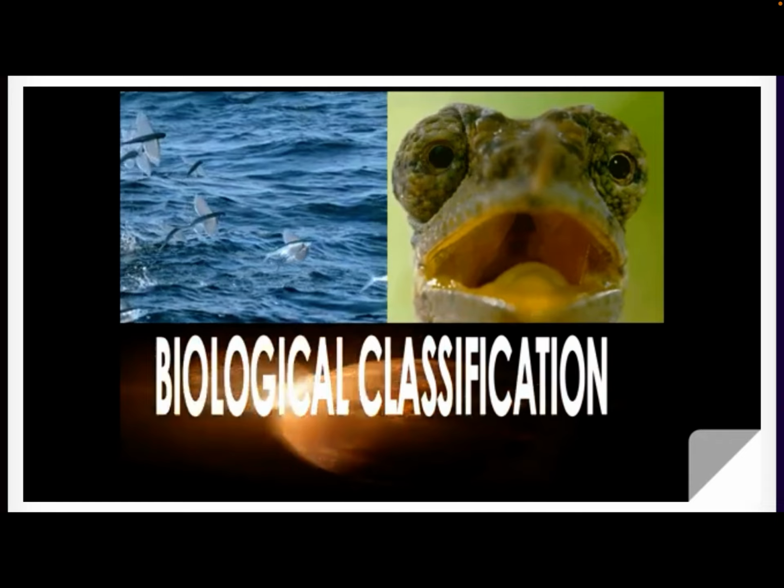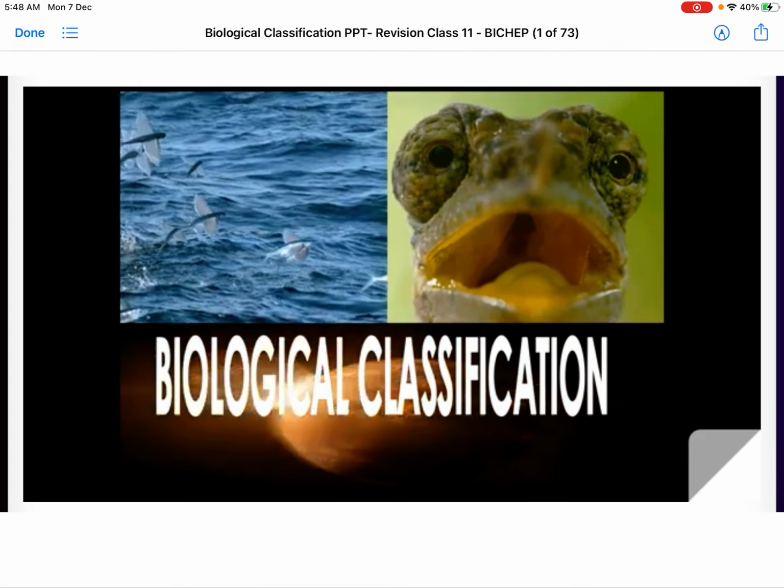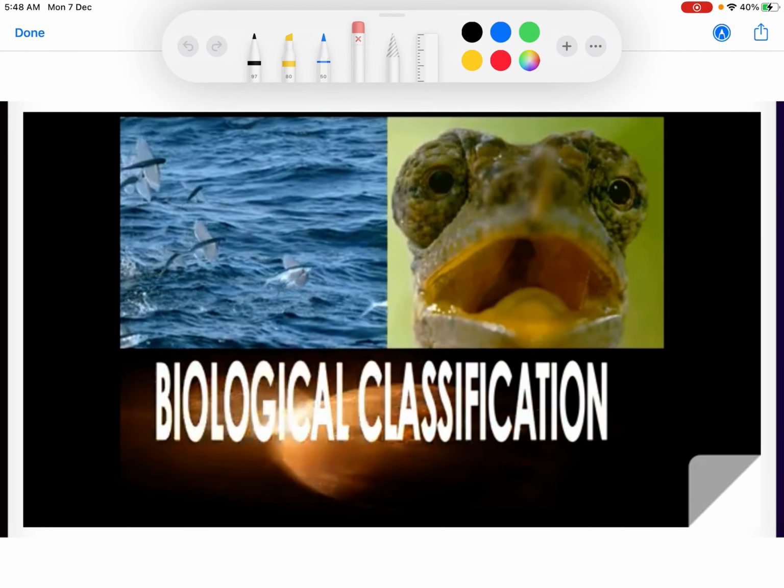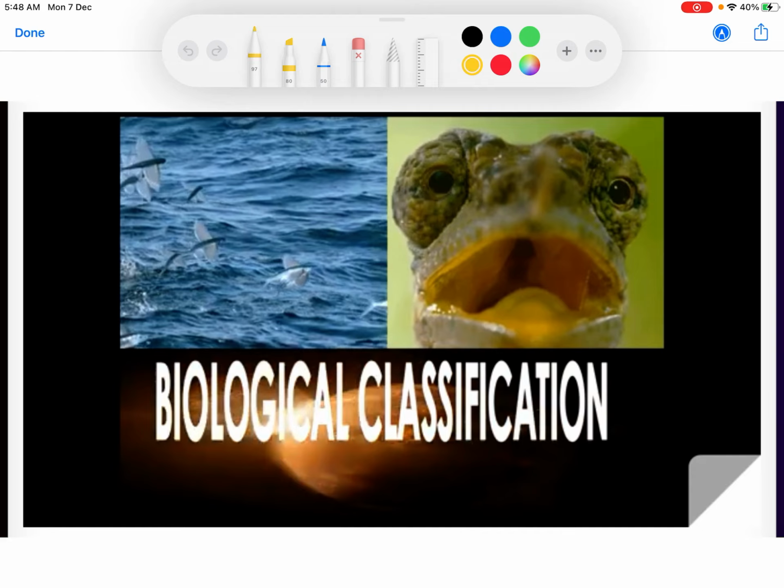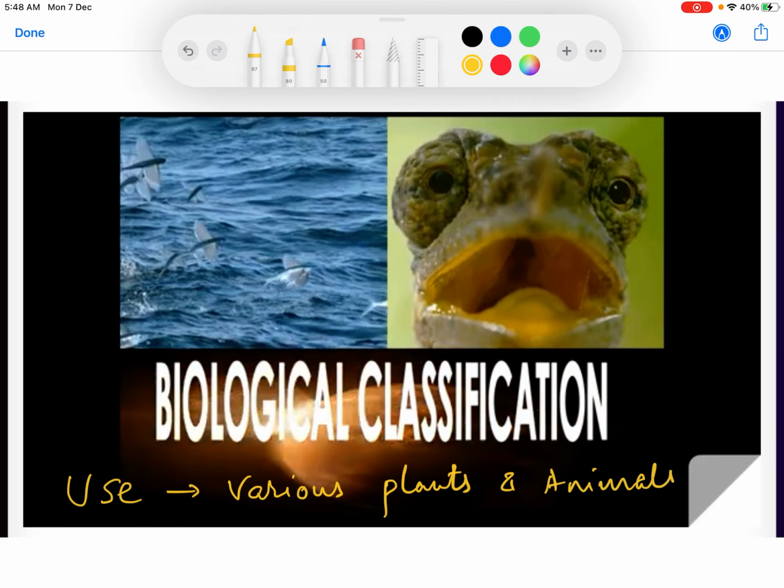In the early era, when humans were evolving, we found that varieties of plants and animals are useful to us by various means. So we started using various plants and animals.